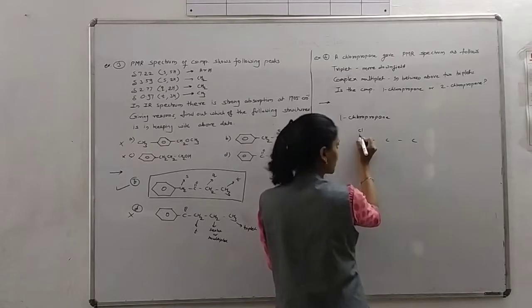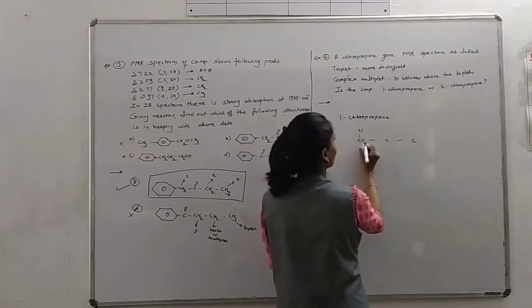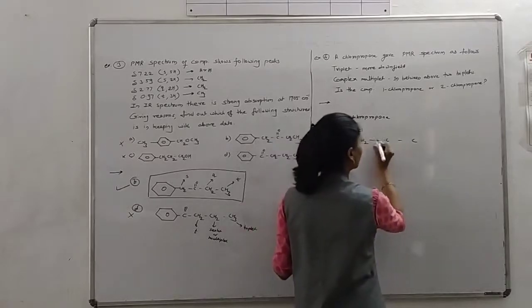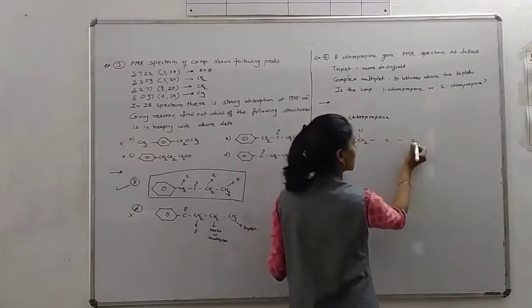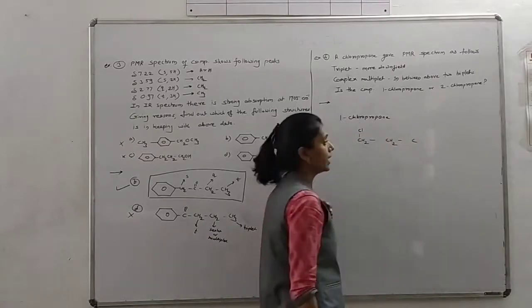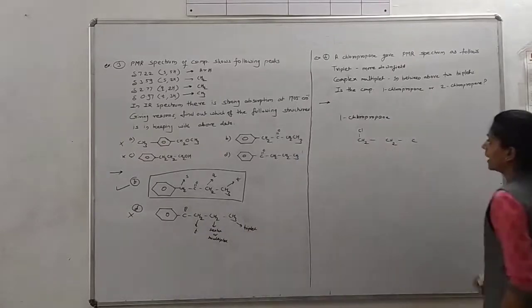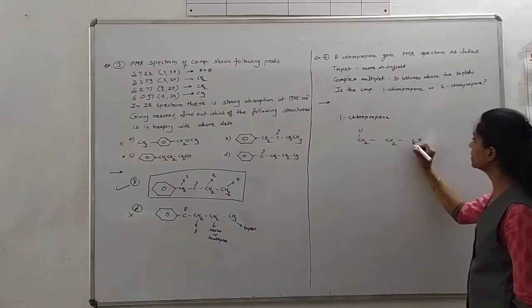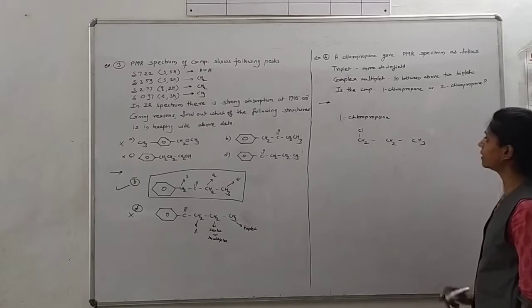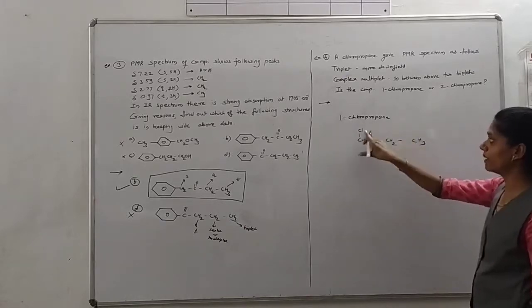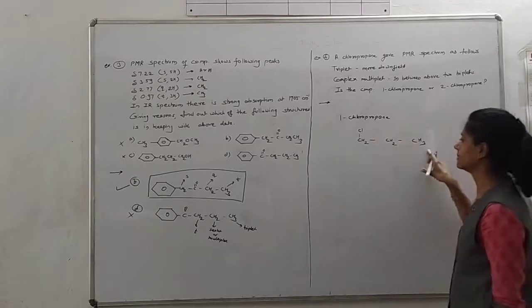So the first carbon is completed, that means CH2. The next carbon is attached to another carbon atom, so the remaining 2 valencies are satisfied by taking 2 protons, and the last carbon is CH3. This is the structure of 1-chloropropane.